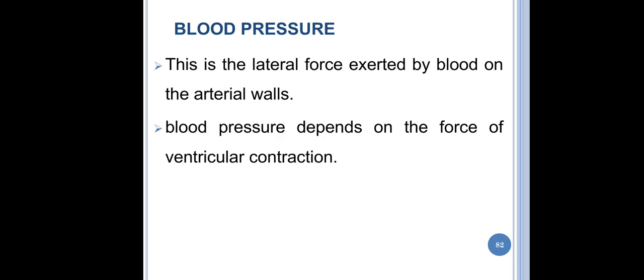Okay. So blood pressure is the lateral force exerted by blood on the arterial walls. When we mean blood pressure, it's not really away from the concept of a hose pipe. I always use this example because it's the most practical one. When you are watering the garden, you are using a hose pipe.